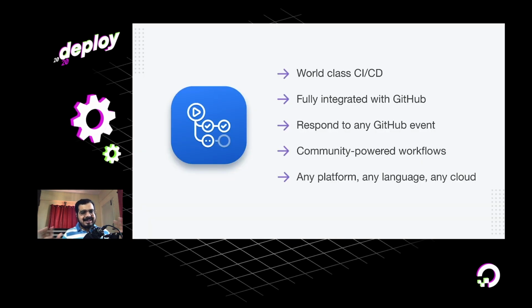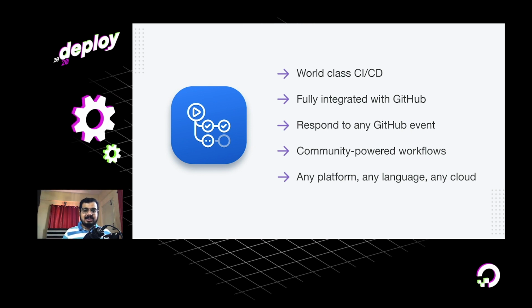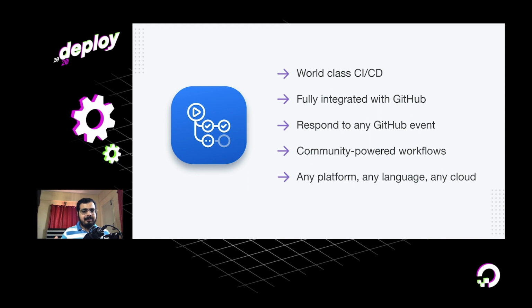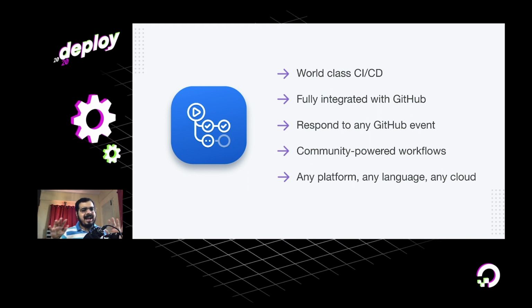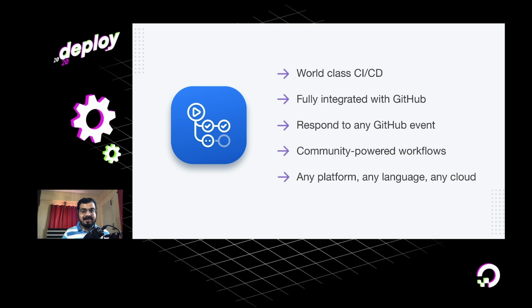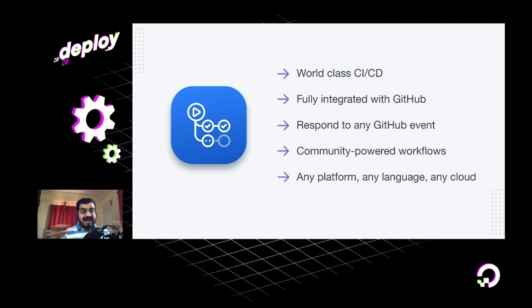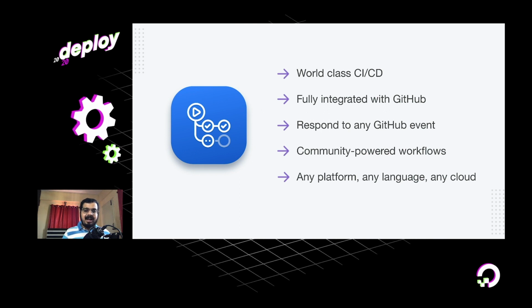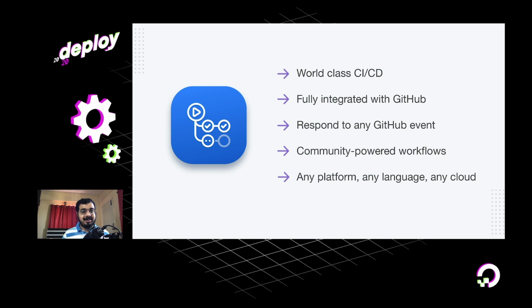GitHub Actions basically is a world-class CI/CD tool, and it's fully integrated into GitHub. From the merge box to the check tabs, from the UI to the API, it's all in there. And you can trigger a job on any GitHub event to automate any workflow in your team. And as many of you know, community is at the heart of GitHub.